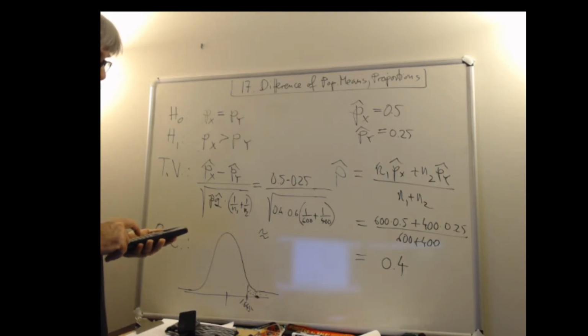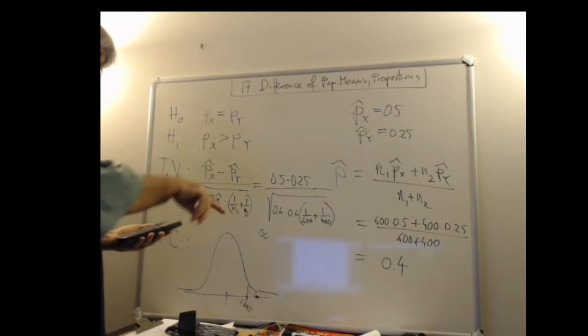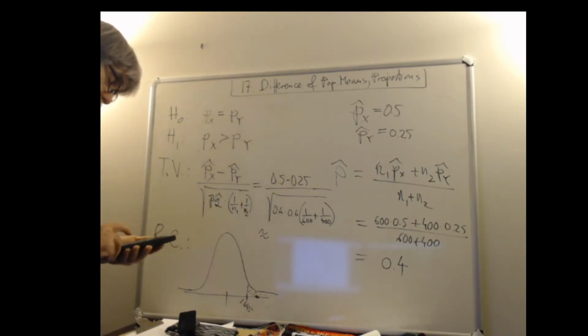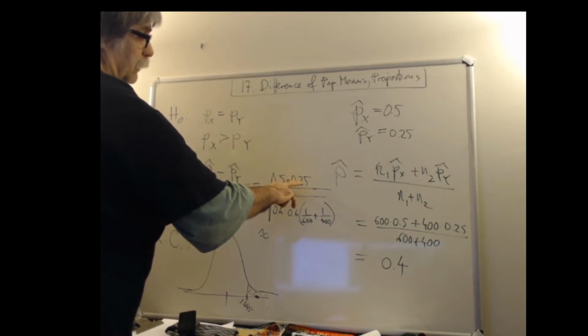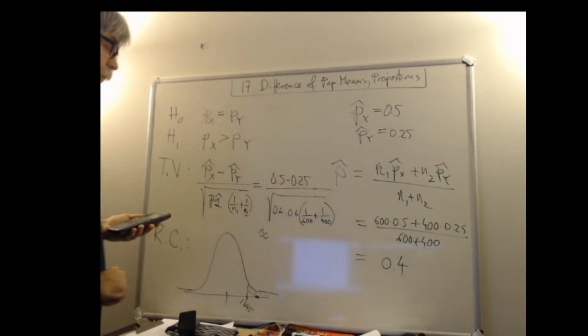And then I have to turn it upside down. I need to find the reciprocal. I got 31 something, and this is 0.25. 0.5 minus 0.25 is 0.25.